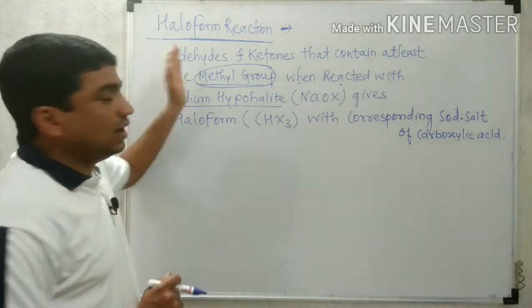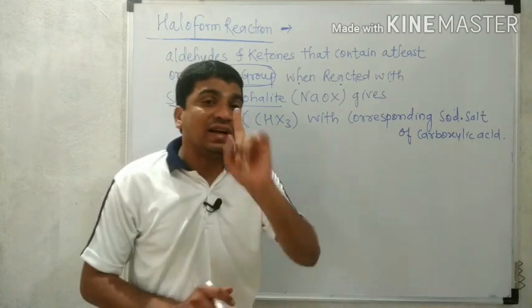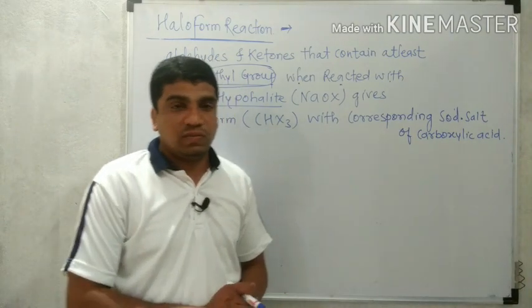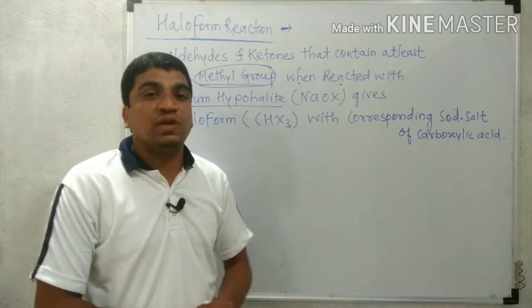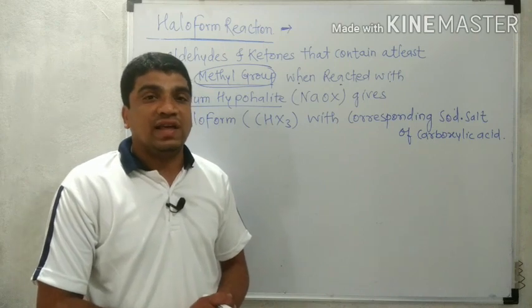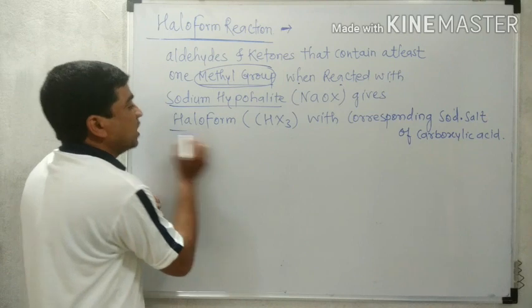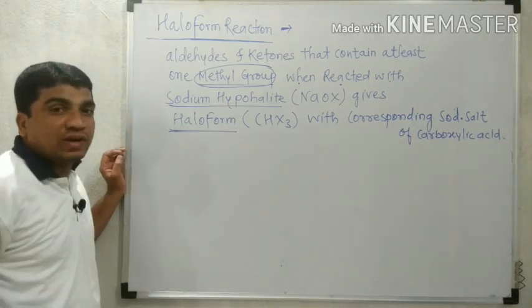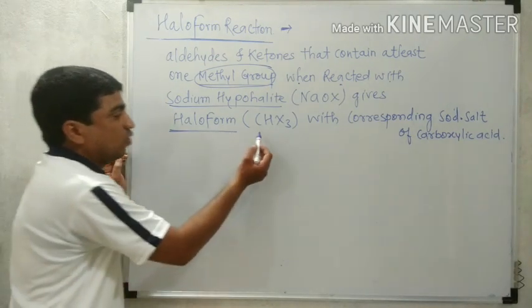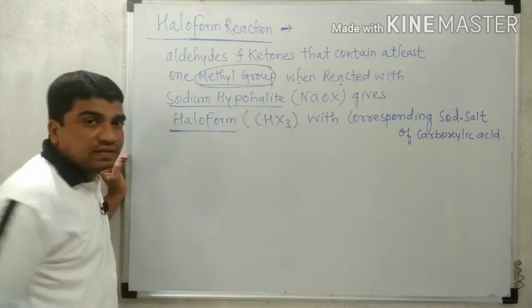So when an aldehyde or ketone that contains at least one methyl group reacts with sodium hypohalite, NaOX, the reaction gives a haloform. Which product is obtained? Haloform, general formula CHX3.